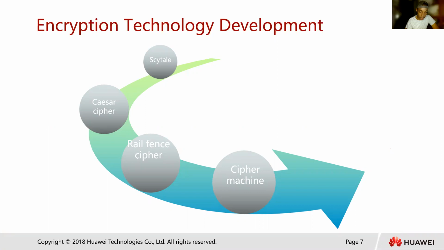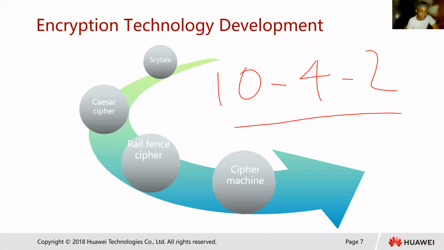So there's a story here which is very interesting. During the First World War, Germany wrote codes based on a dictionary. For example, they used something like 10-4-2, which would mean the second word in the fourth paragraph on the 10th page.